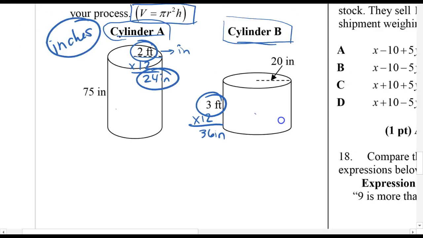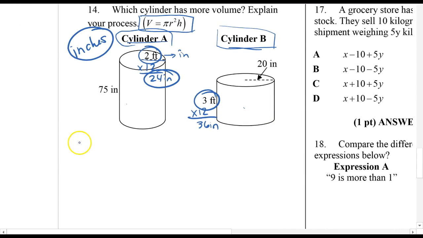Now let's set up the formula for each one. For cylinder A, and I'll put a little A down here, it's going to be pi, which is 3.14, times r, which remember is radius. But remember it says radius squared, so I need to put a square there.